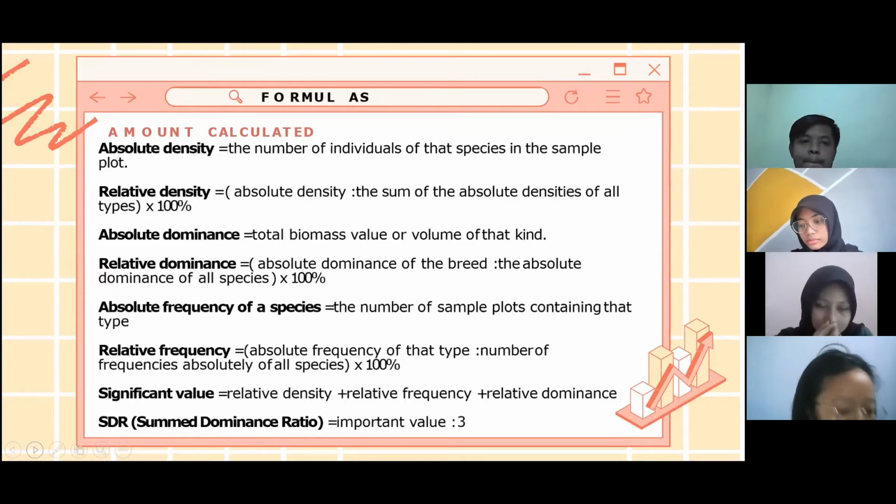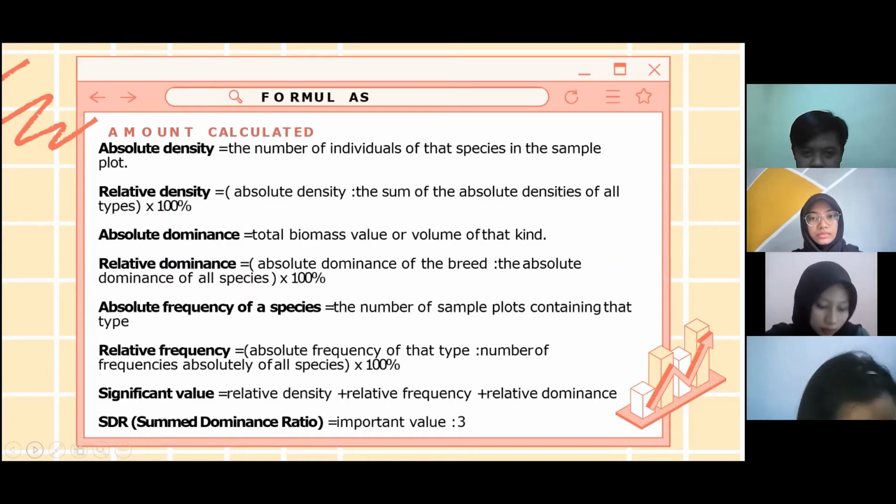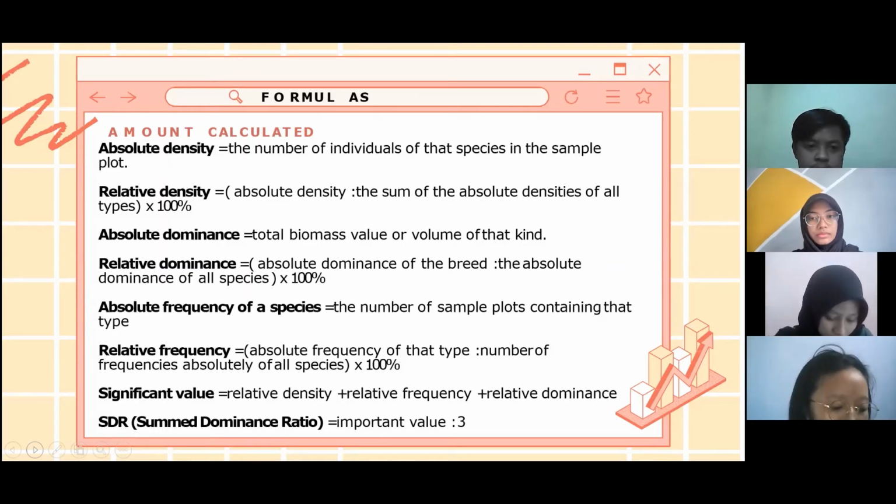For the formulas, we have absolute density, the number of individuals of that species in the sample plot. Then we have relative density, the absolute density divided by the sum of the absolute densities of all types, multiplied by 100%.